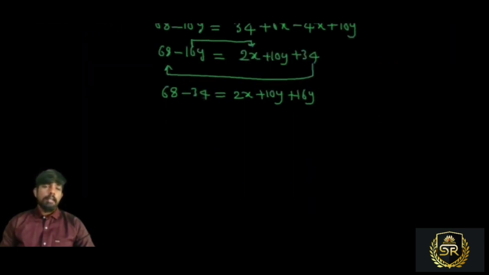From here 68 minus 34 is 34, and this 34 is equal to 2x plus 10 plus 16 is 26, so 2x plus 26y.